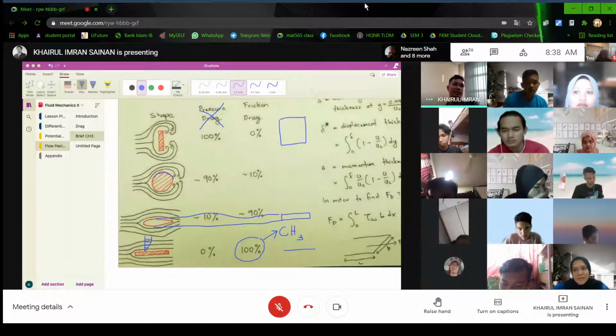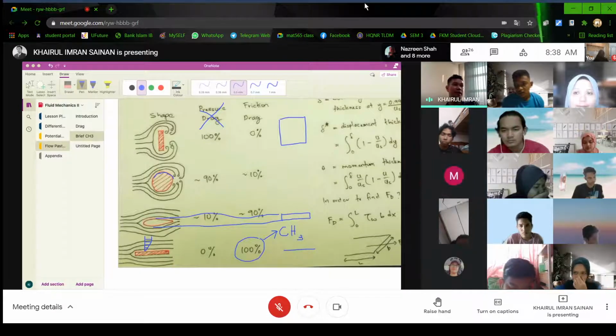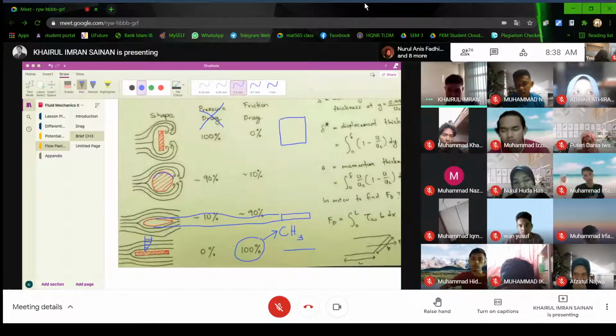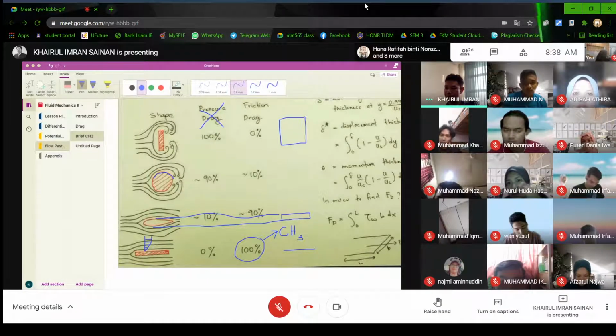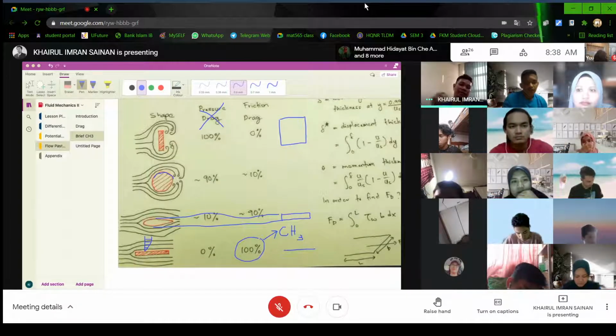So inside that chapter, do you guys still remember LME? What is LME? Linear momentum equation.